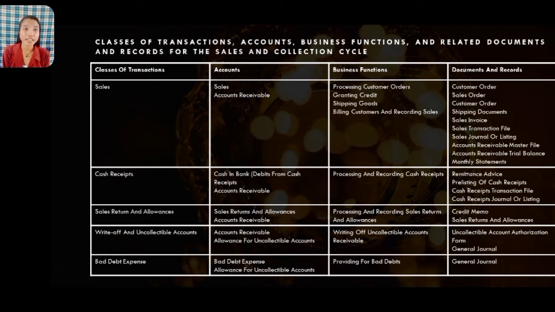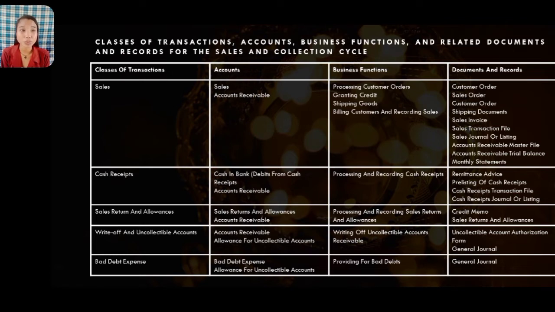And here are the documents and records. For sales, we have the customer order, sales order, shipping documents, sales invoice, sales transaction file, accounts receivable master file, accounts receivable trial balance, and monthly statement.